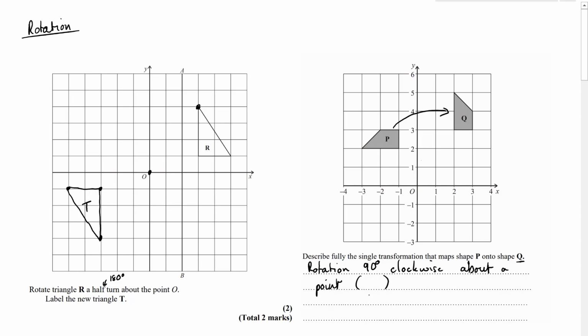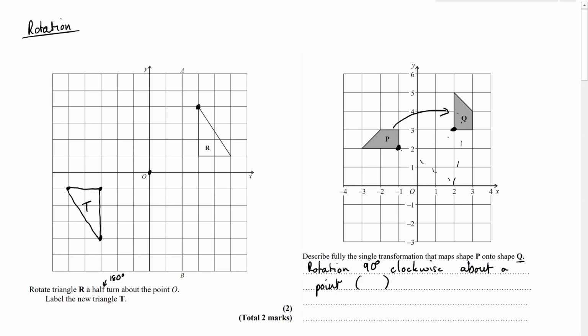And then we want to say what point it's rotated around. Okay, so if we know that this is rotating around this way, then the point that we have must be in between or around this kind of area down here, because it has to be about a point down here in order for it to rotate around. So I'm going to choose this point because I know that that maps onto that point, and this rotates around here.